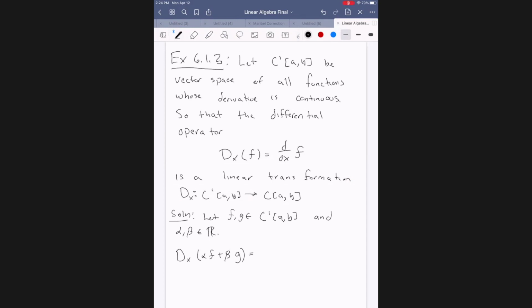What by definition does this operator do? It's right here, this is what I defined it to be. Exactly, it just takes the derivative of alpha f plus beta g.